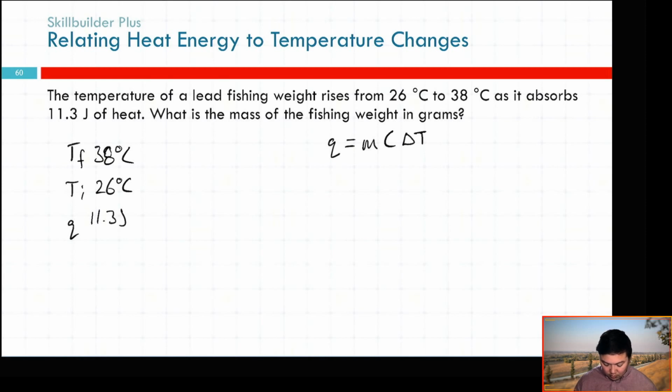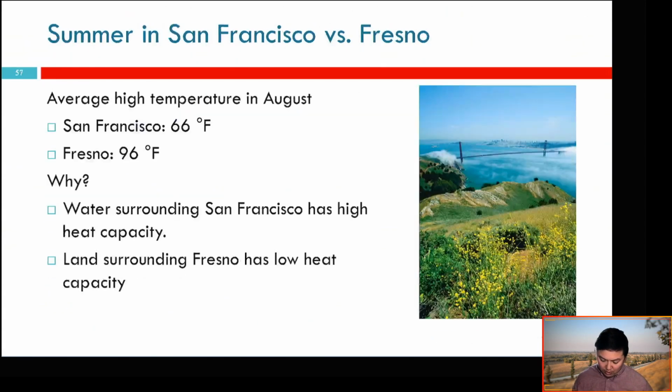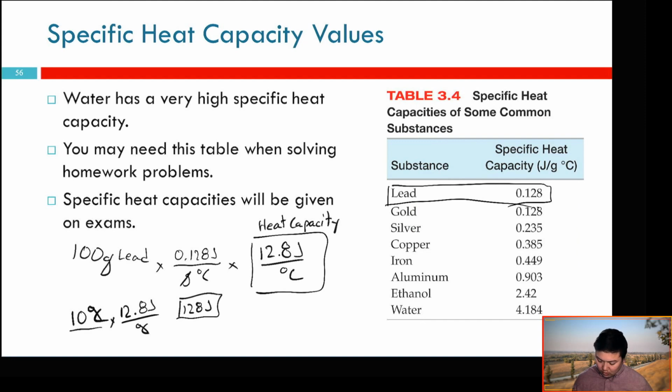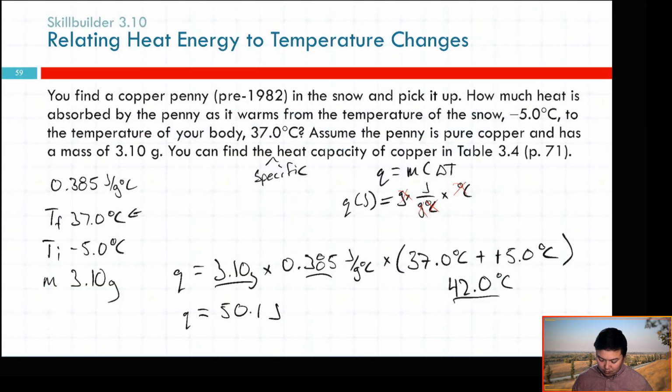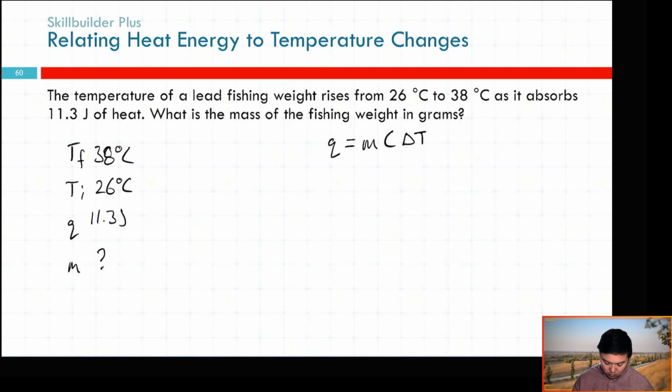But what is M? And then we can get our specific heat capacity from our table back here. Lead is 0.128. So C, 0.128 joules per gram degree C.